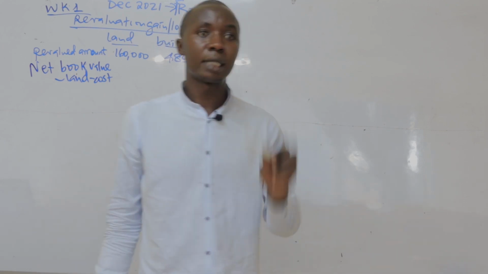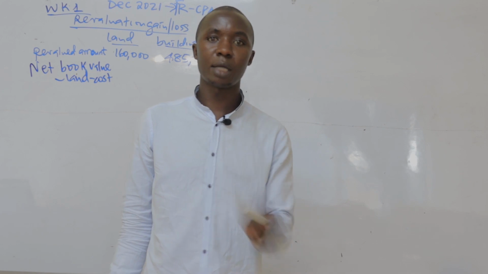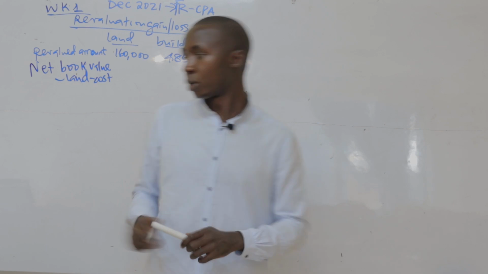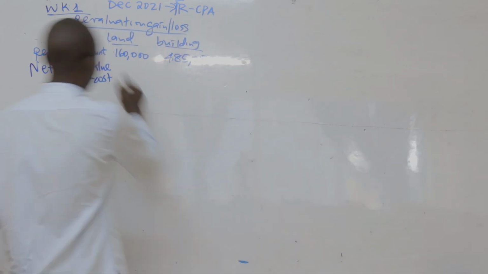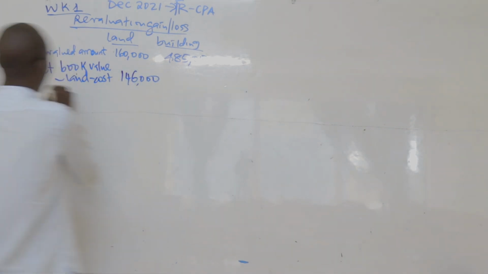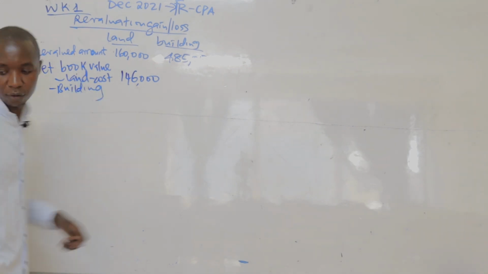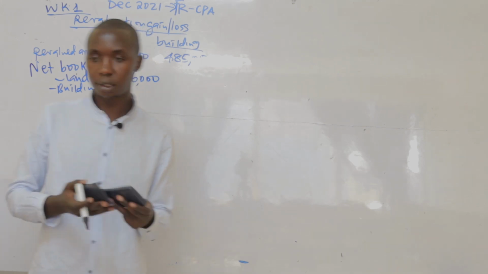Remember that the property contains land and building. They have said property at cost, and in brackets they have given you land, which means that there is land of 146,000. So the total value for land is 146.